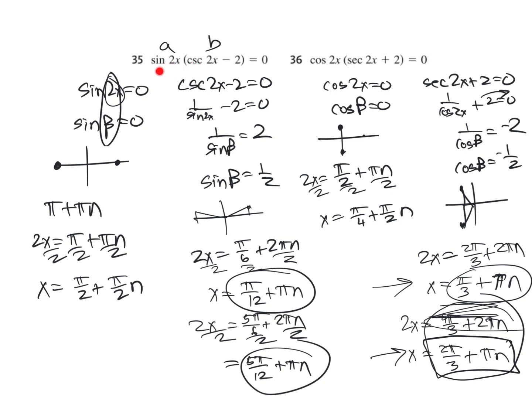If I would distribute, this becomes 1, and this minus a 2 times the sine of 2x. So look down here, I'll write this real quickly, and then we'll move on. If I distribute that there, the sine of 2x times the cosecant of 2x, which is 1 over the sine of 2x, minus the sine of 2x times 2, if we're distributing, this becomes 1, and we have 2 sine of 2x.